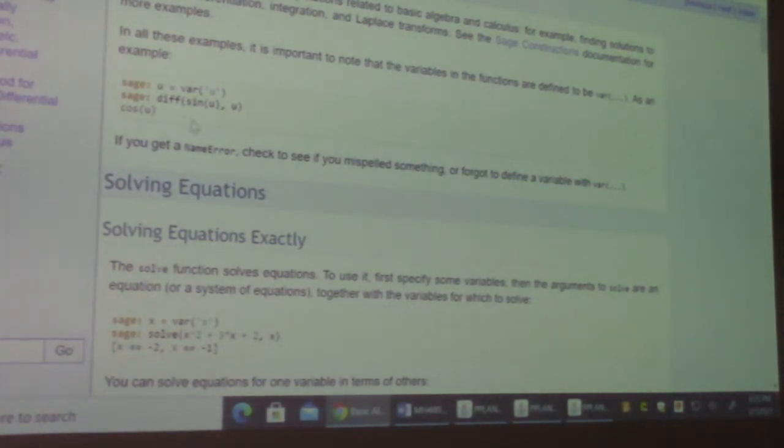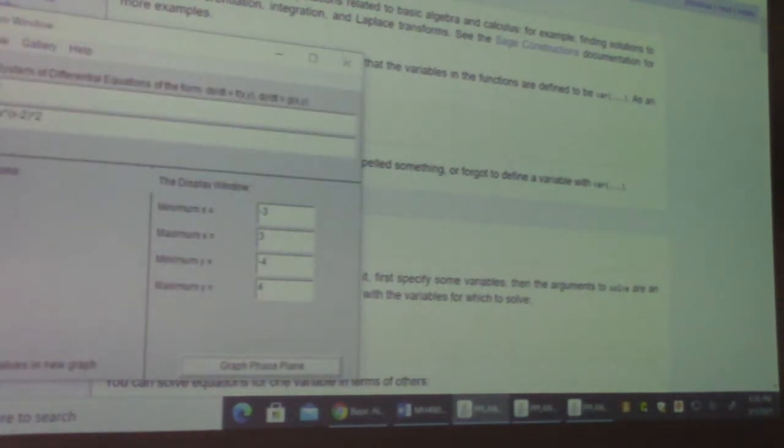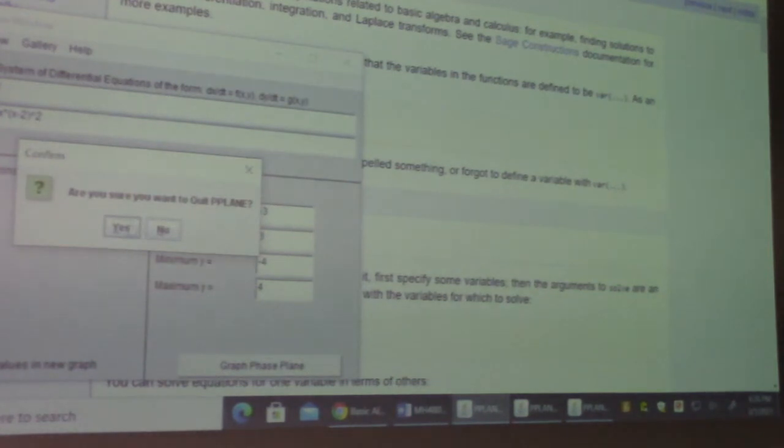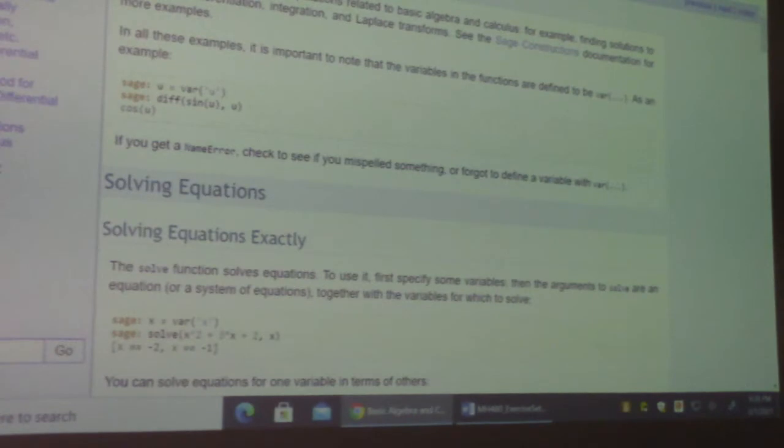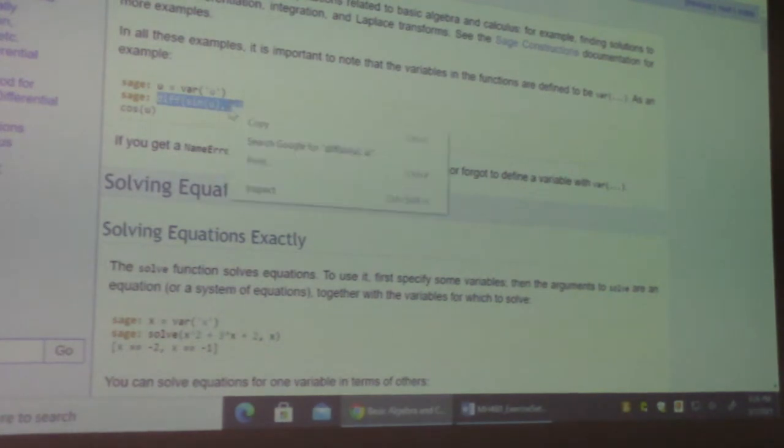What happens if we just do diff sin u, comma u, without making u a variable? I'm curious. See what happens. What was that code? I lost it. So I'm going to try to just do diff sin u, comma u, without making u a variable. See what happens.